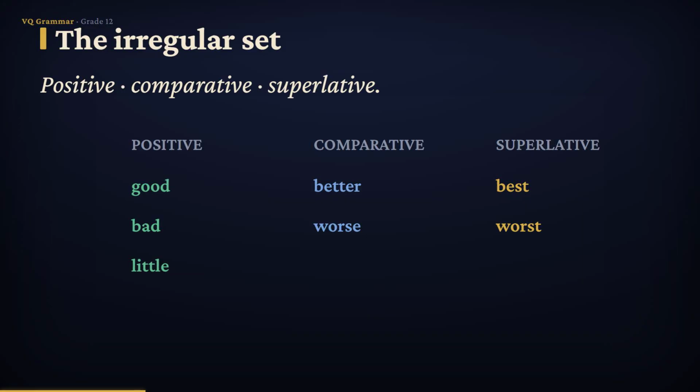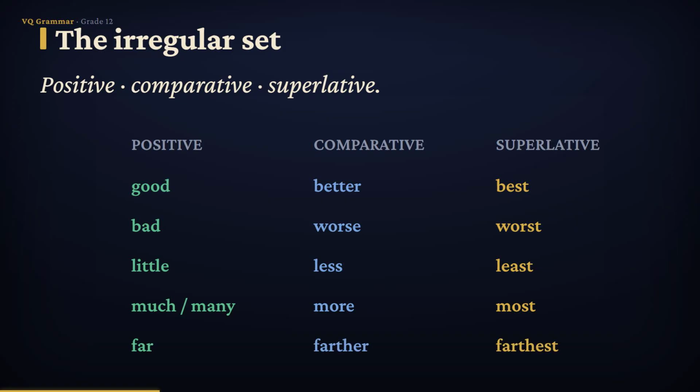Little, when it means an amount, becomes less, then least. Much and many both become more, then most. And far becomes farther, then farthest. Notice what's missing here. No ER, no EST, no more or most tacked on the front. These forms are simply irregular, so you memorize them and move on.